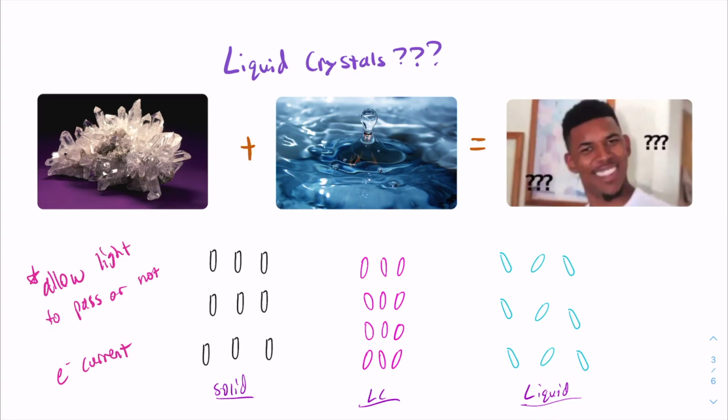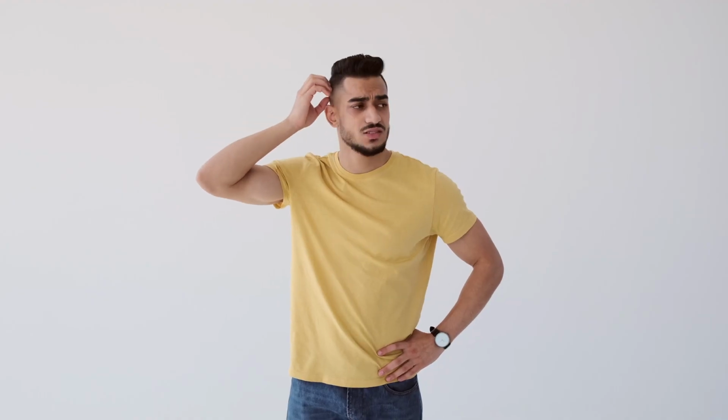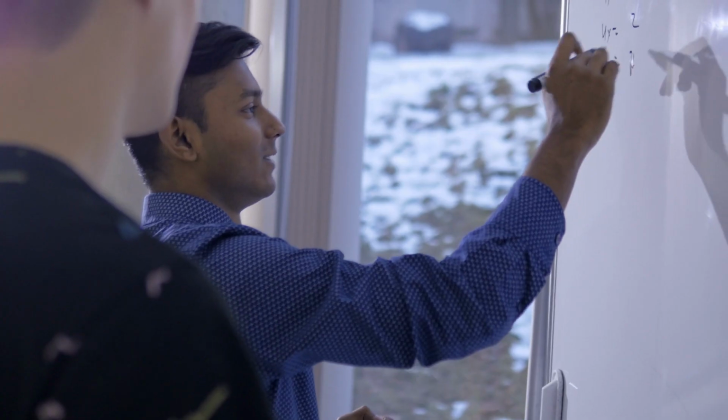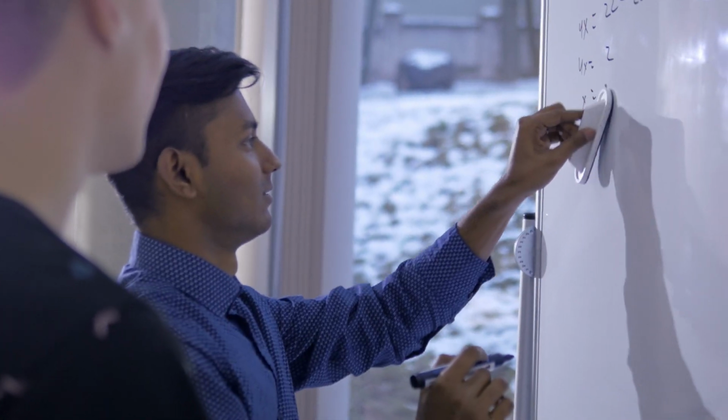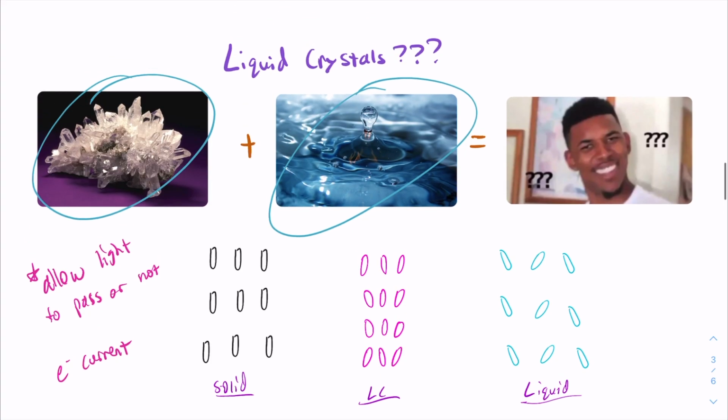So now that we've defined these terms, let's talk about liquid crystals. When I was looking this up, I had no idea what this was, so I'm going to try my best to explain this. Solids are materials where you have these densely packed atoms that are ordered and they don't move.